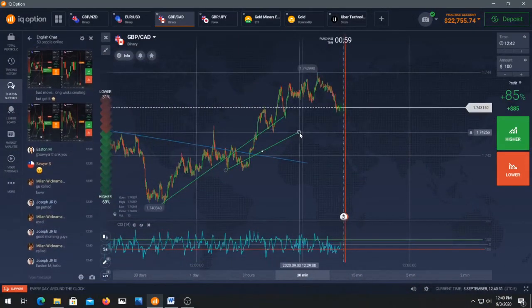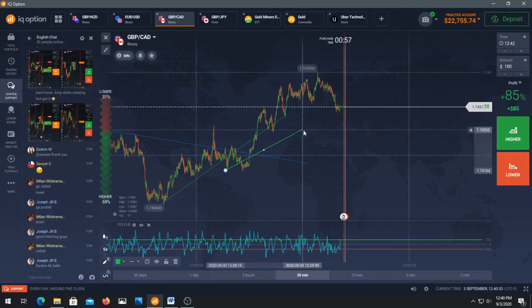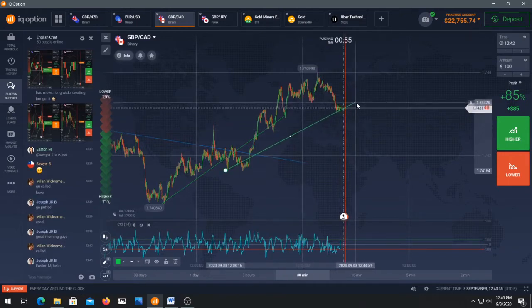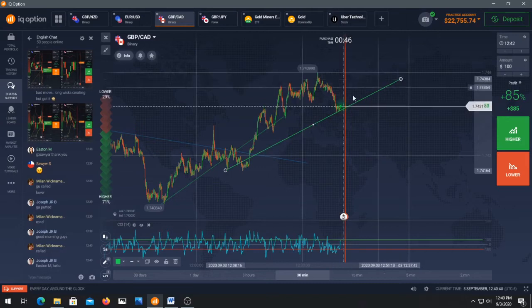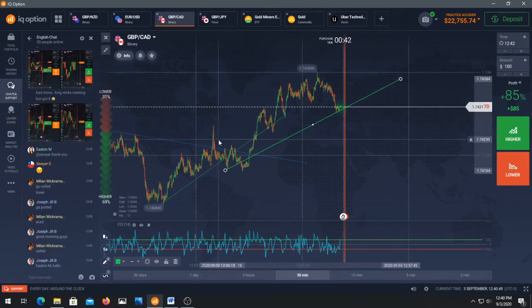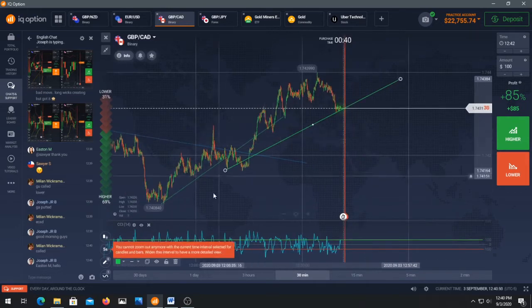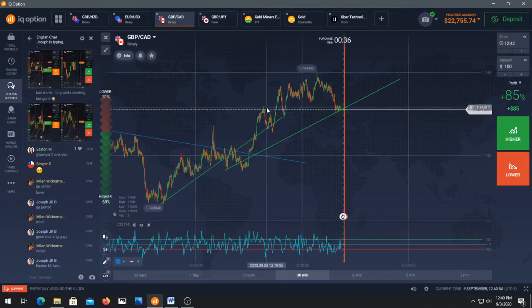Whenever you're drawing your lines, please ensure that they touch at least 3 points minimum. So this one is just touching. So this was alright. So let's draw a new line of resistance here.